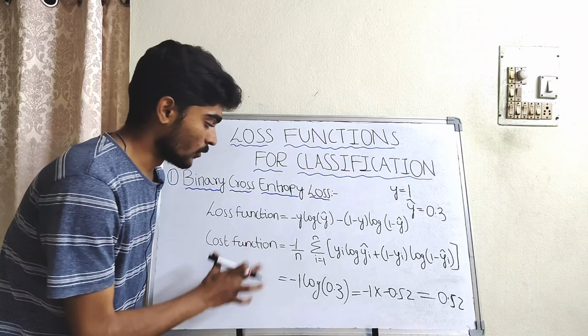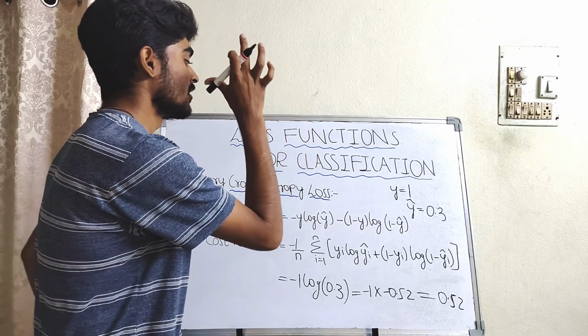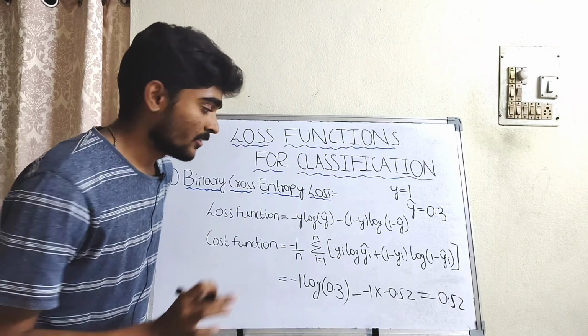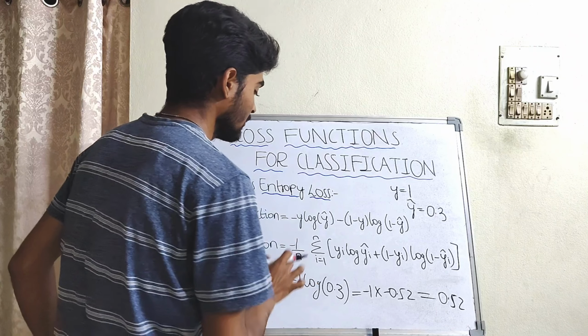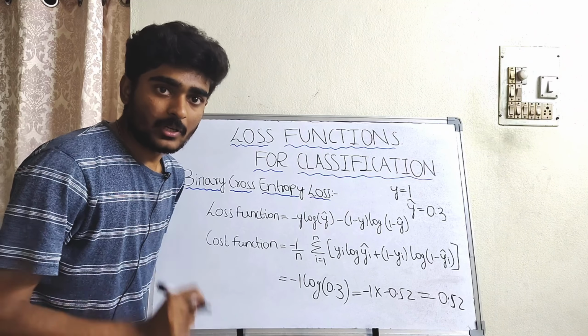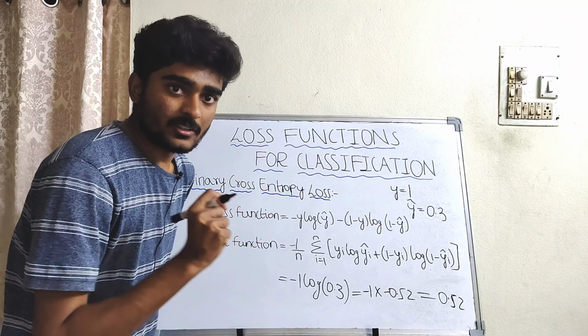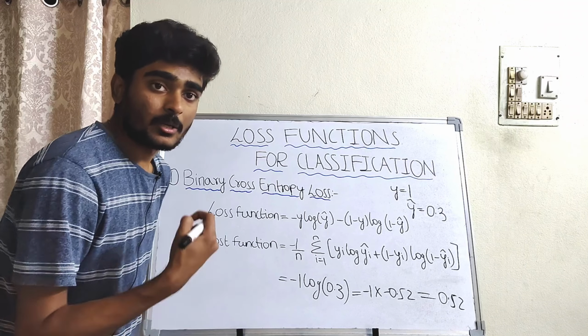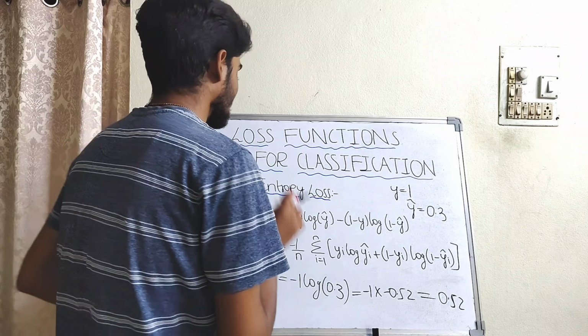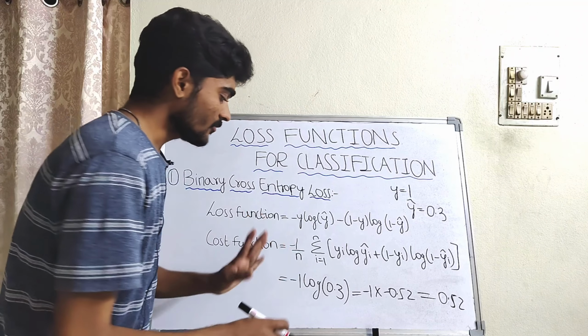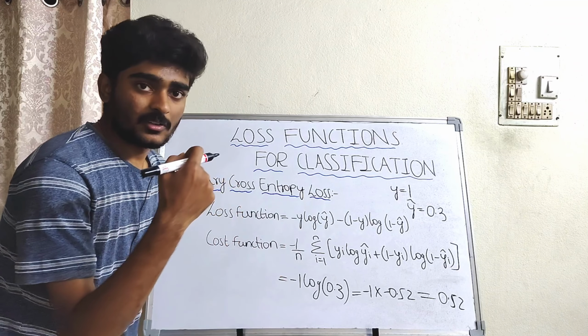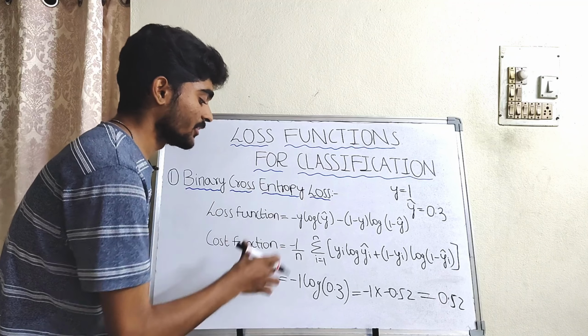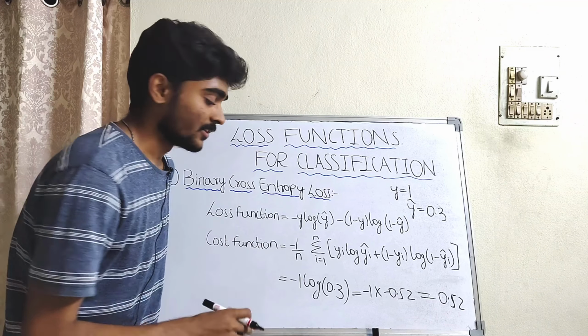The cost function for this binary cross entropy loss is equal to minus 1 by n, where n is the number of samples you are taking for calculating the cost function.